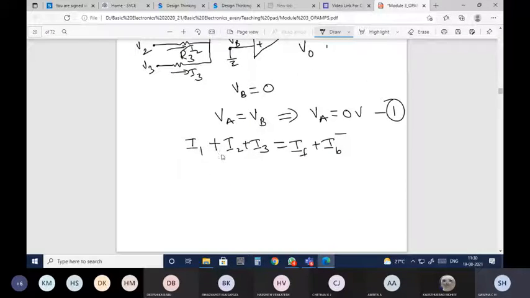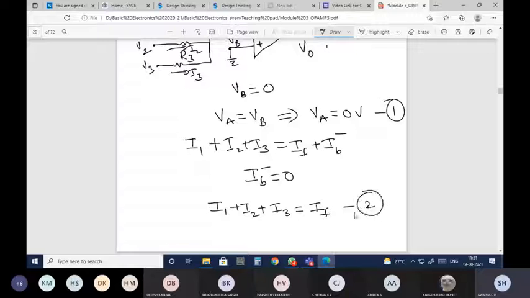So I1 plus I2 plus I3 is equal to IF plus IB minus. But you know that IB minus will be equal to 0, since the terminals of the op-amp will not draw any current. So this equation reduces to I1 plus I2 plus I3 is equal to IF. This I will name as equation 2.